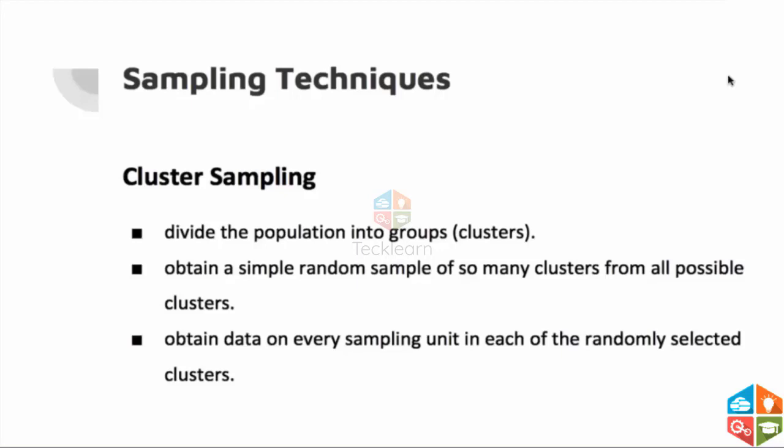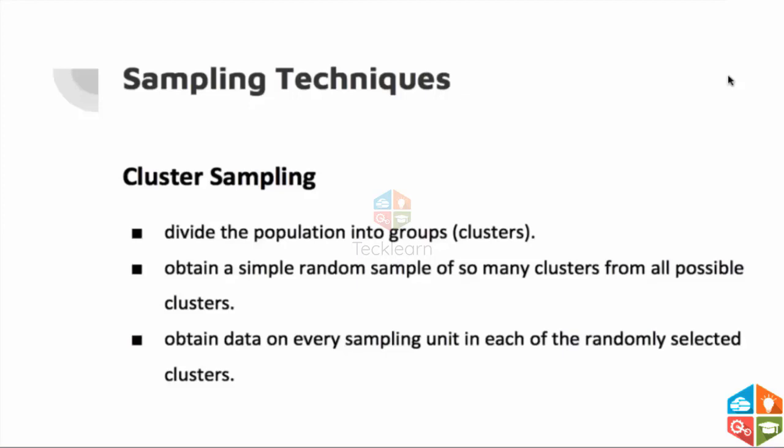So let me take the same example that we did for the stratified sampling. For example, all the elementary students in a local school district are my population. Now we made groups, like 11 different elementary schools in the local school district. From those 11 elementary schools, we made a sampling.